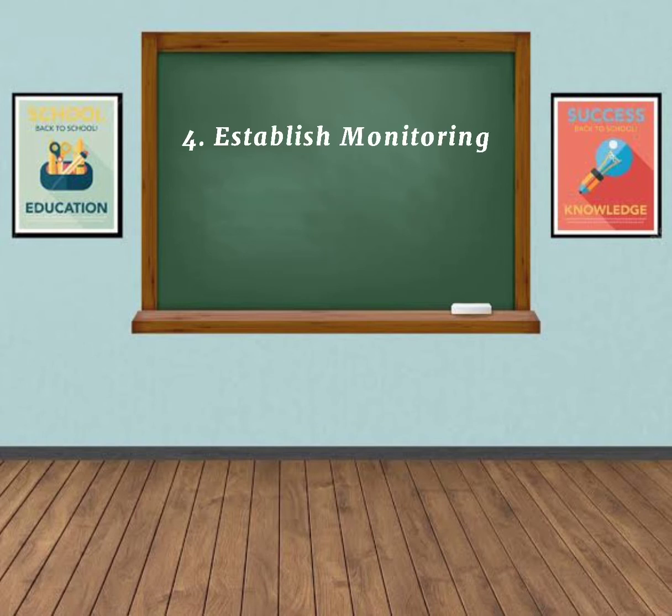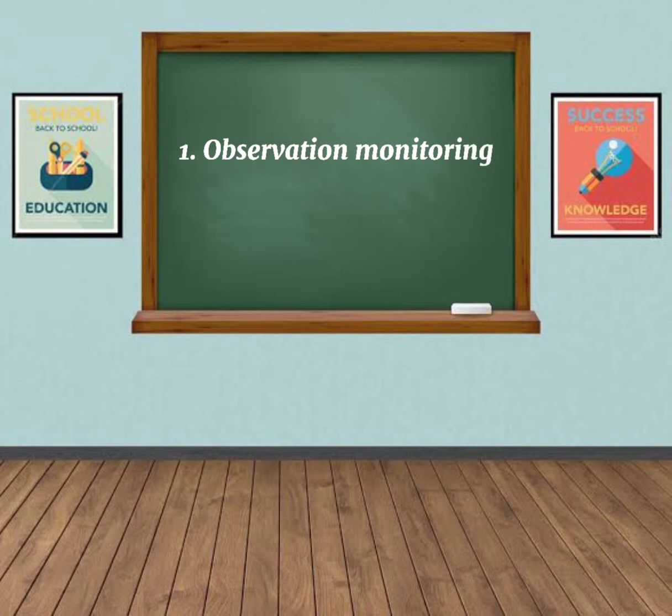The fourth one is establish monitoring procedures. Monitoring must be done to ensure that food remains within the critical limits determined at each critical control point. To put it simply, monitoring means checking that food is safe. Monitoring techniques can be broken down into 4 different categories. Number 1, observation monitoring, like checking cleaning schedules and monitoring delivery checklists.